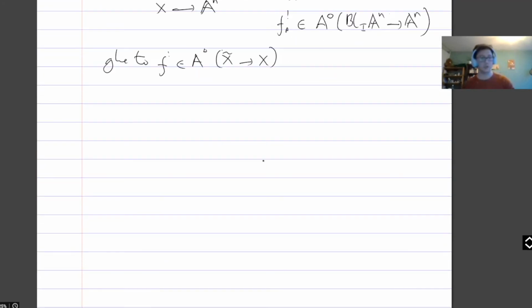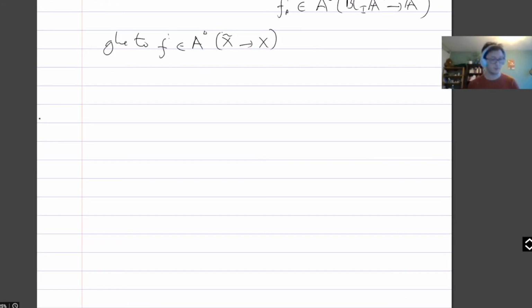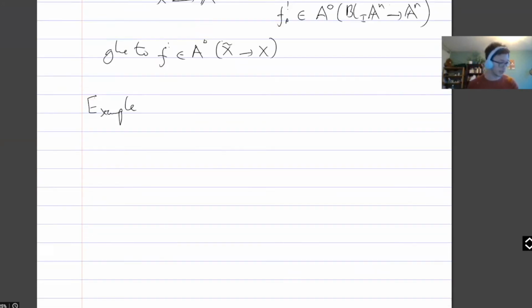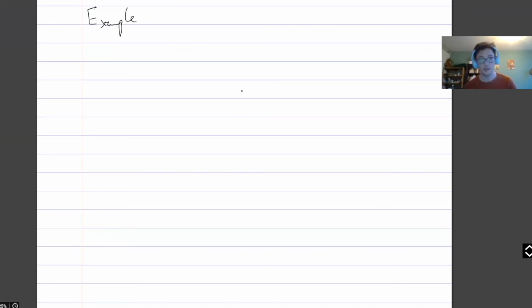Great, so I said that I wanted to give you an example. So here's the example, which makes clear how these charts come into play. So I'm going to take A^2 with its standard log structure. And I'm just going to take the origin, and I'm going to take an induced log structure on it.